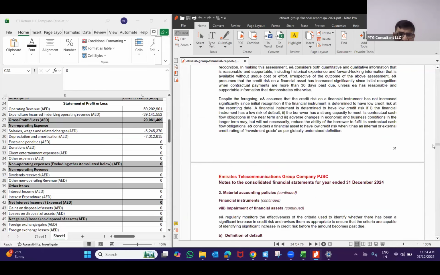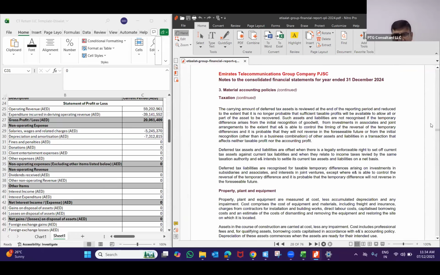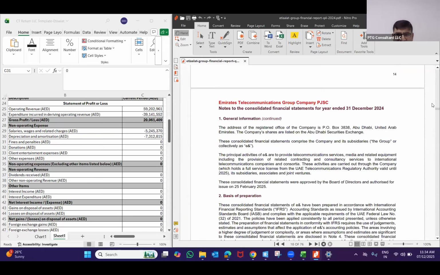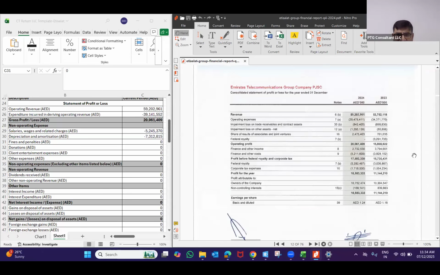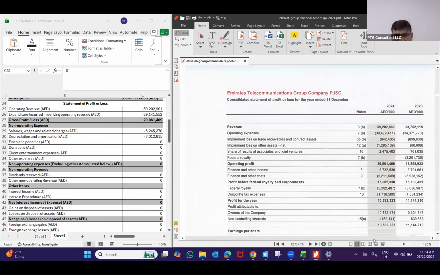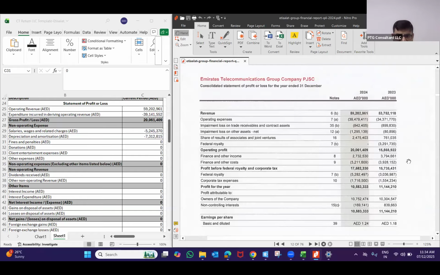These are the policies. Come to the P&L. Okay, see here they mention depreciation and amortization separately. No, they didn't mention anything.